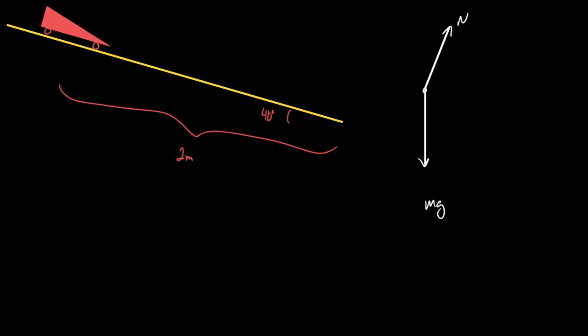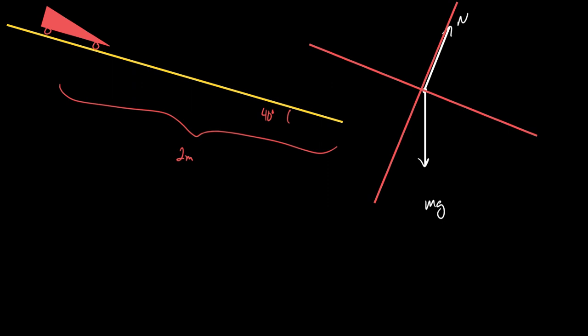I'm going to do an axis that is lined up with the normal force, like so, and like so. It says there's no friction, so these are the only two forces acting on the Hot Wheel car.